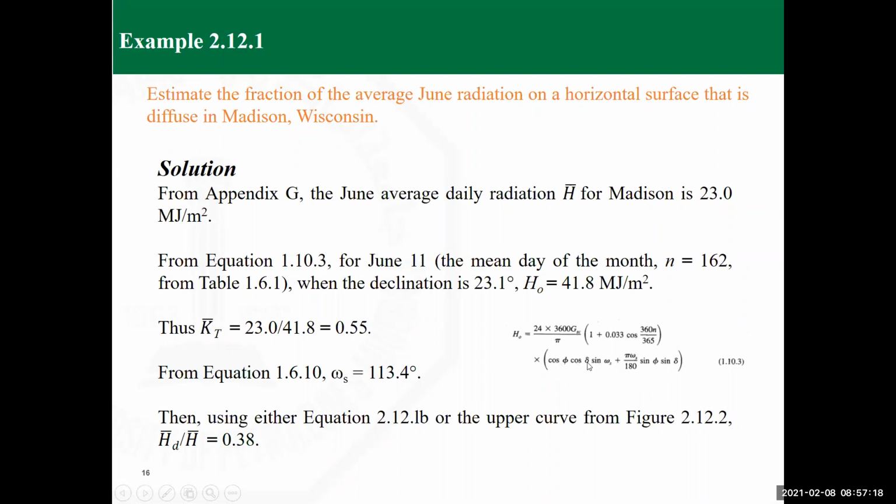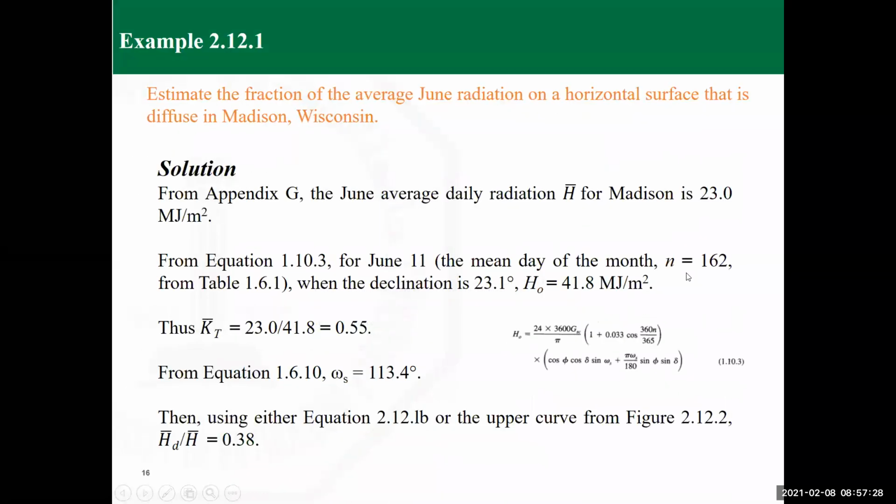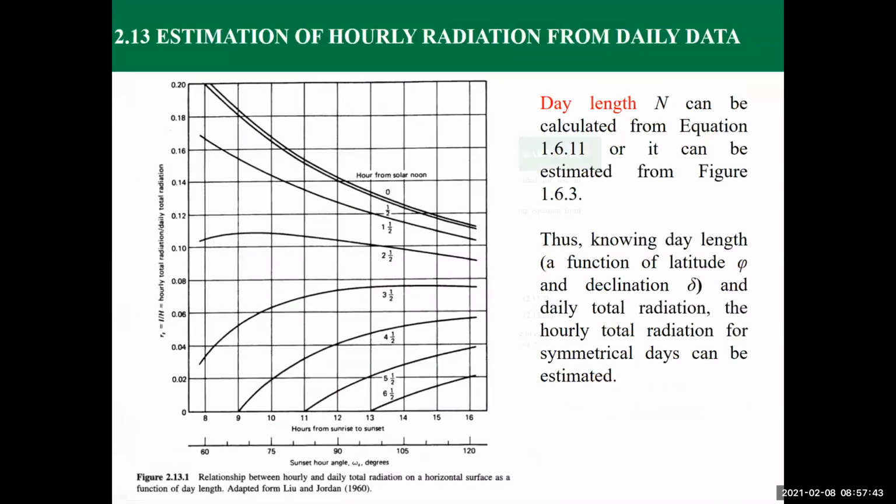You can use this equation to calculate the value of H naught, and the value of H has been obtained from the appendix, from the data, to be 23.0. So dividing 23.0 over 41.8, which is the H naught calculated from this equation, you can get the value of KT. Now we know the value of KT is equal to 0.55 accordingly.